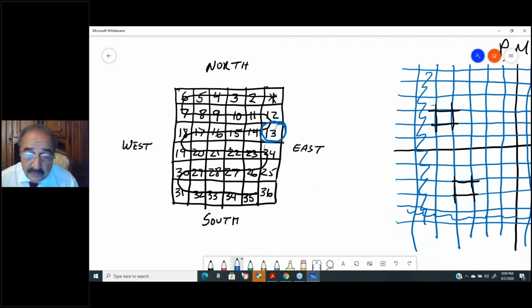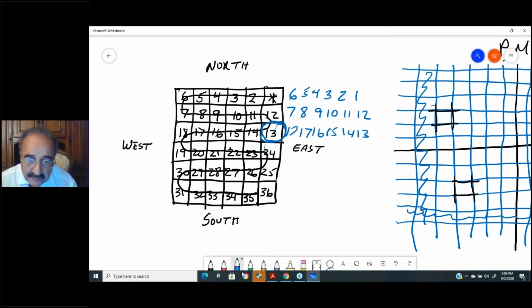There's another township. Every township is contiguous on 8 other townships. So I start counting 1, 2, 3, 4, 5, 6. I drop 7, 8, 9, 10, 11, 12. Drop again 13, 14, 15, 16, 17, 18.